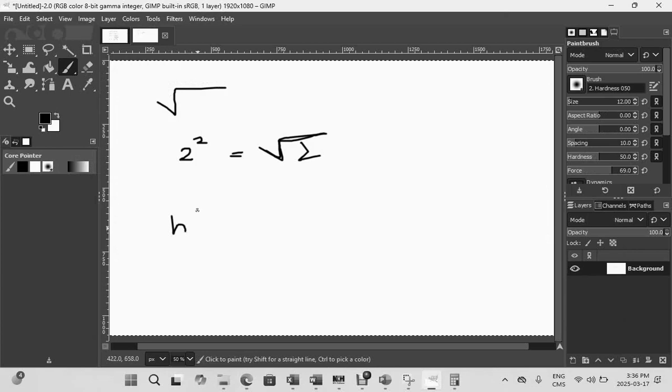So h of t equals negative 16t squared plus 20.